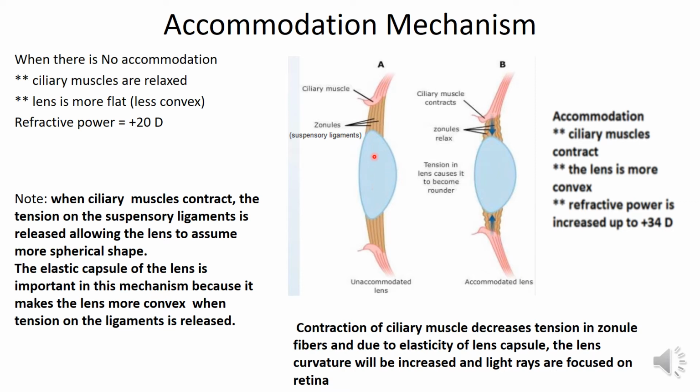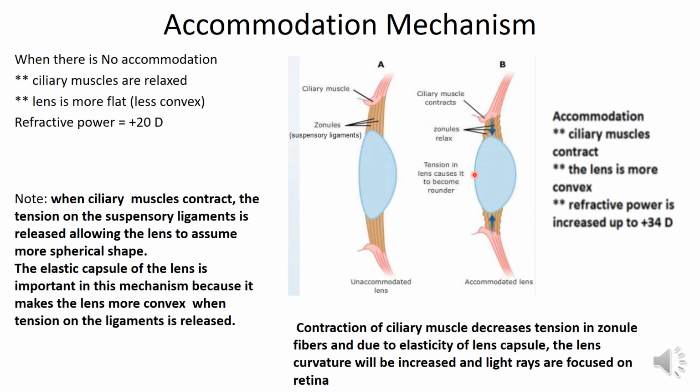From this picture, you can see the ciliary muscle is attached to what is called the zonule or suspensory ligaments. These suspensory ligaments are attached to the capsule of the lens. If these suspensory ligaments are tight, they will pull on the capsule of the lens, making the lens less curved.